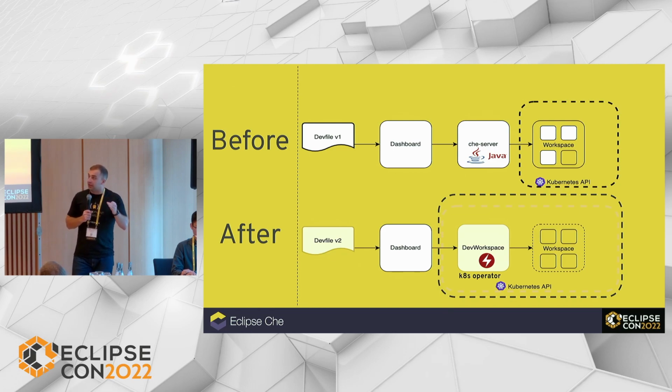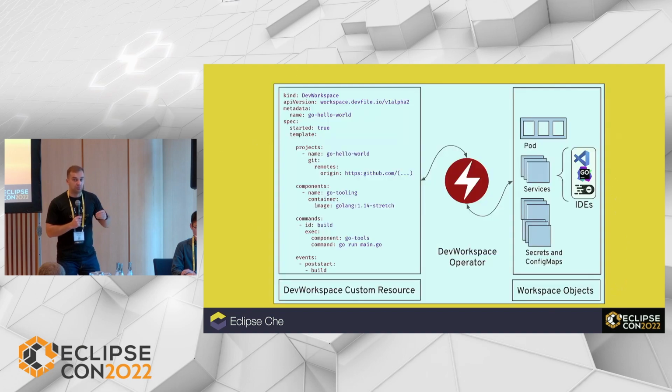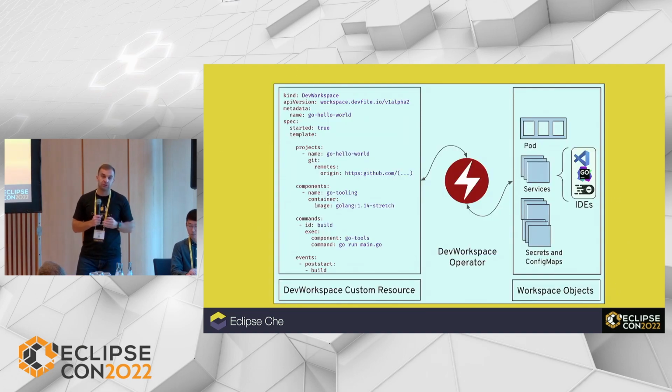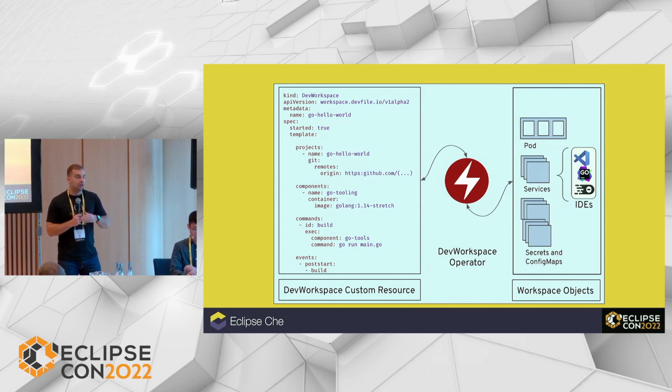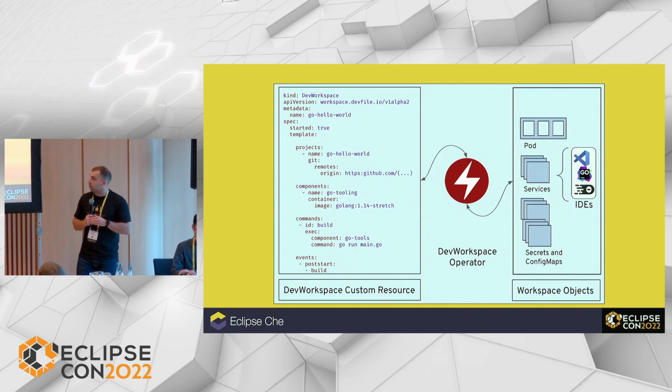Devfile is also used by the dashboard. It reads the devfile and creates the custom resource, because now the key component of Eclipse Che is the DevWorkspace operator. If you are familiar with the Operator Lifecycle Manager framework, we use it under the hood, with a dedicated operator that extends the Kubernetes API.